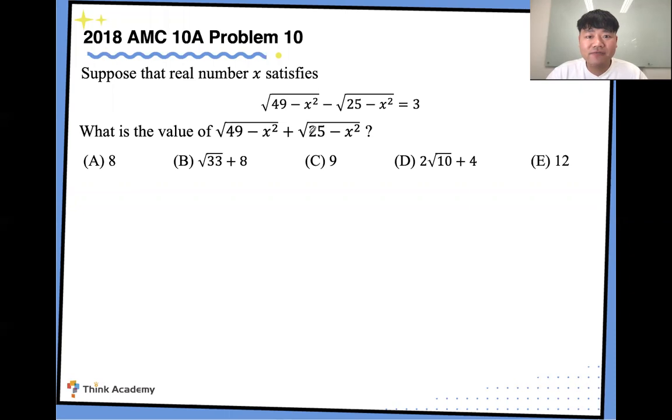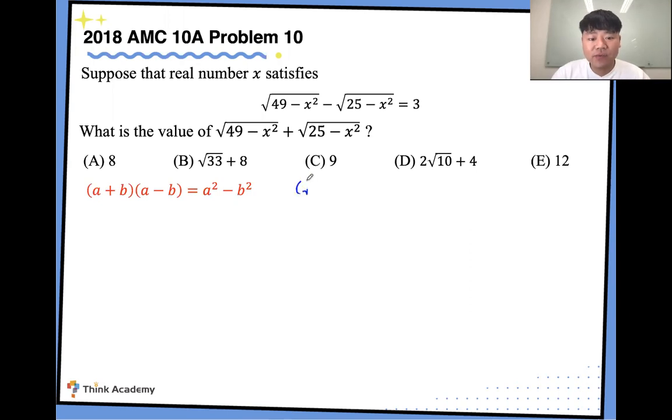Do you still remember the difference of squares? Well, if we have the sum and the difference of two expressions, the product of them is a squared minus b squared. And that also works for the radical expressions.